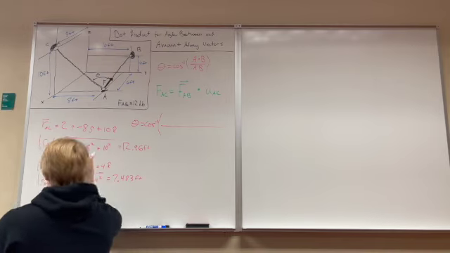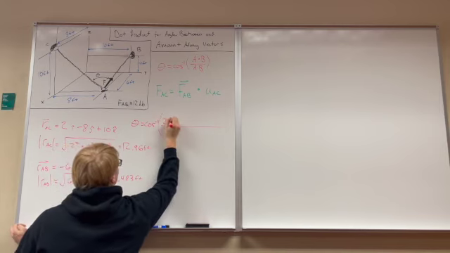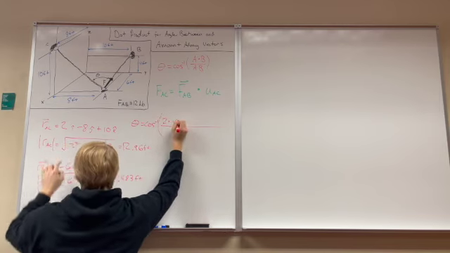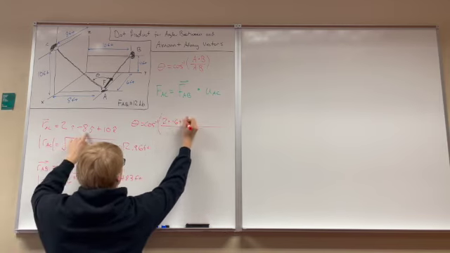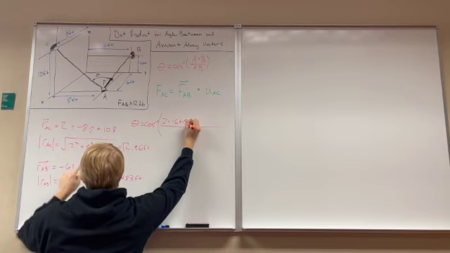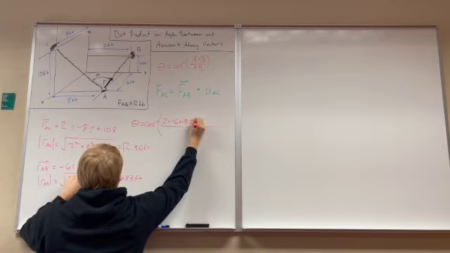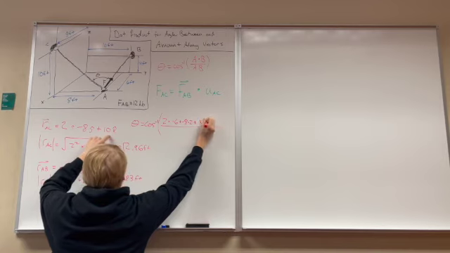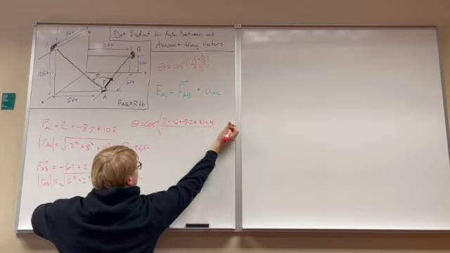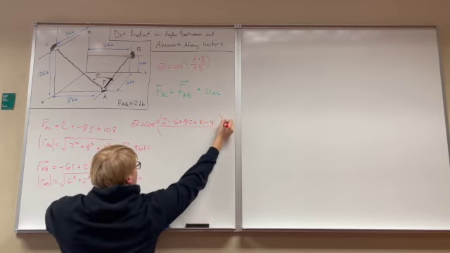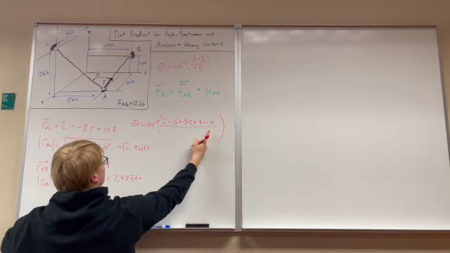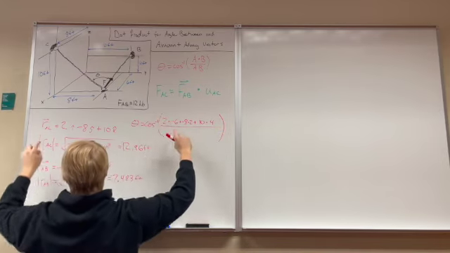So you're going to take 2 times -6 plus -8 times 2 plus 10 times 4. That's the dot product of A to C and A to B.